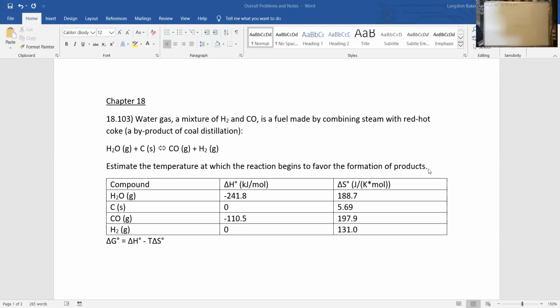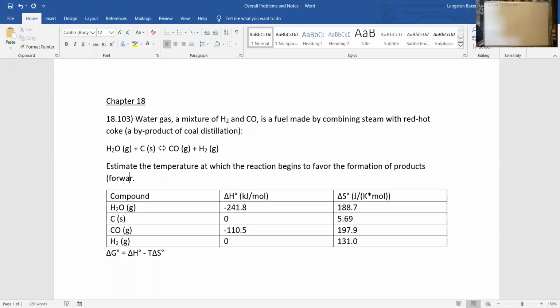When I say favor the formation of the products, I mean the forward reaction is spontaneous. I don't know if that confused you, but just in case it did, it's clarification. Again, let me know if you're stuck.